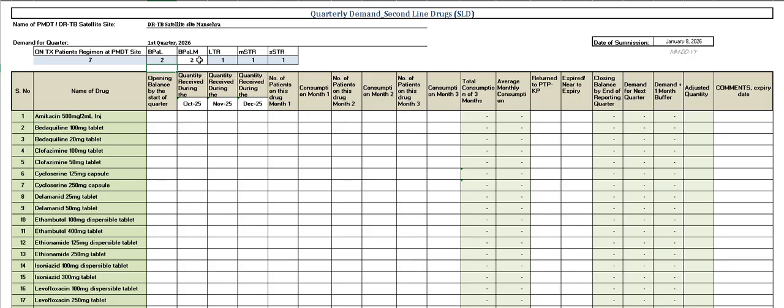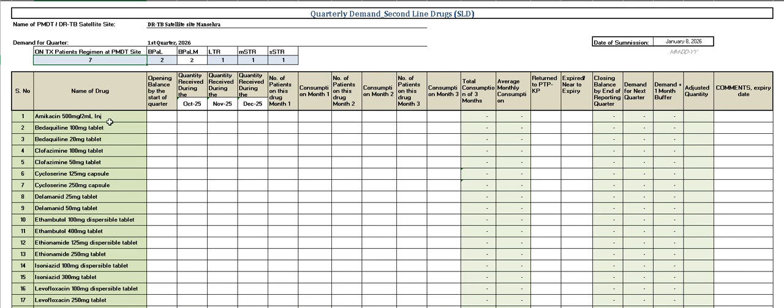So total becomes 2 plus 2, 4 plus 1, 5 plus 1, 6 plus 1, 7. These are the 7 patients registered under treatment at this site. This was the first step we have to enter before going to the table. Now, let's go to the table.